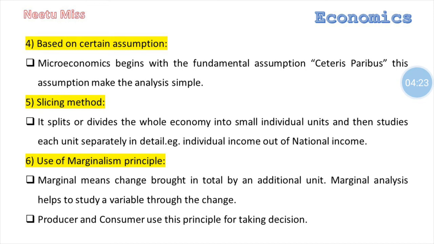Example, studying individual income out of national income, or studying the individual demand of a product out of total demand. So microeconomics always splits and divides the economy into small parts, so it uses the slicing method.